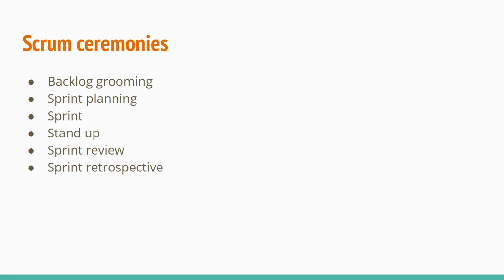In this phase it is evaluated what went wrong and what went right in the sprint. The developers and QAs worked together; what went wrong, what can be improved in the next sprint. That is evaluated in the sprint retrospective meeting. So these are all the ceremonies that are present in Scrum.